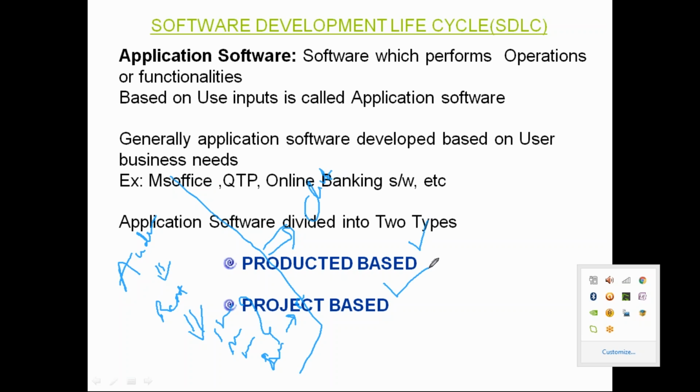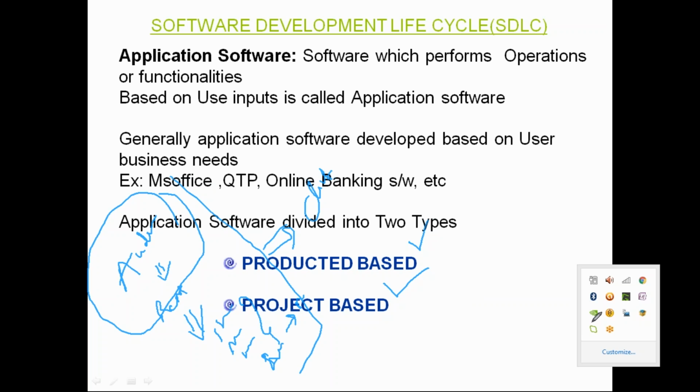Because it's completely developed depending on this auditorium owner's requirement. The same principle: whenever an application has been developed only for a specific group or only for a client's requirements, that's nothing but project based. So this auditorium application is literally project based.